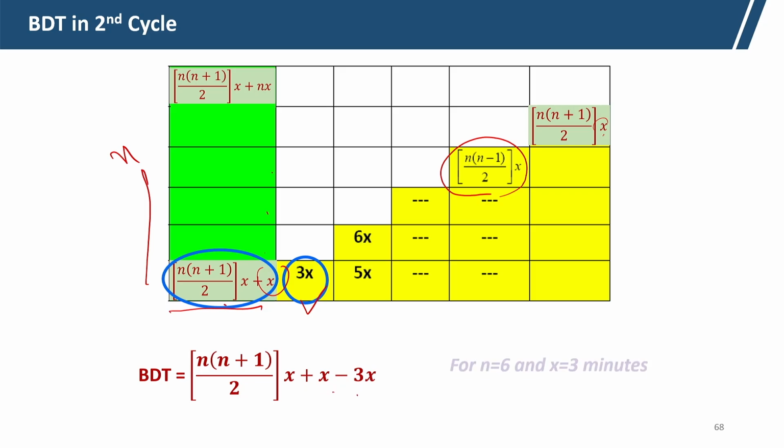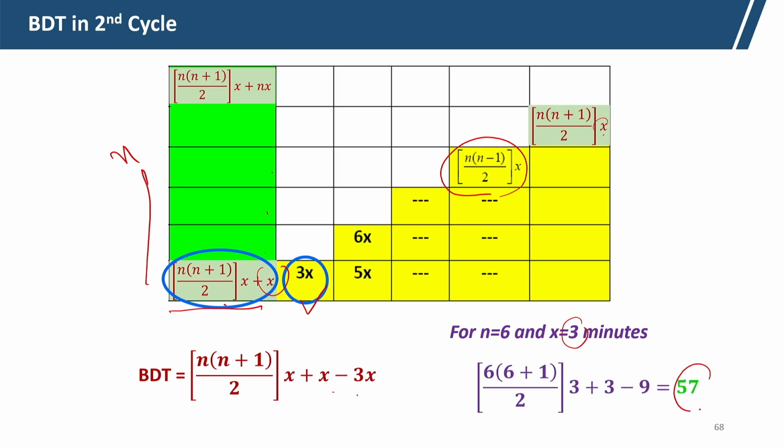Now, ultimately we can see for n equal to 6, where n is the number of chambers, and x is 3, for the second cycle the blending delay time will be 57, that we have already checked.